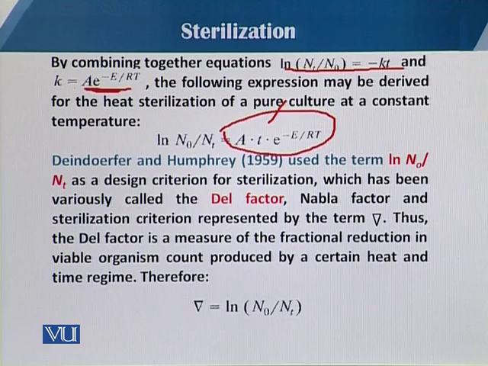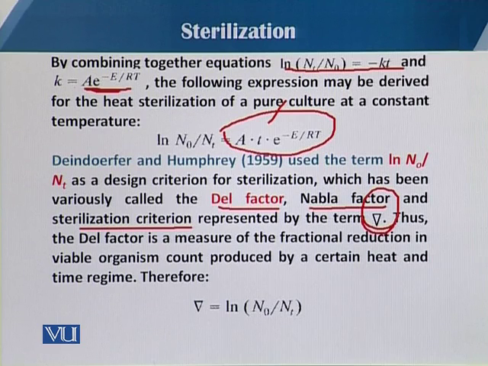That factor is sometimes called the Del factor, Nabla factor or sterilization criteria, and it is represented by this sign. This sign is commonly known as the Del factor, Nabla factor or sterilization criteria. We will use it in later slides as the Del factor.